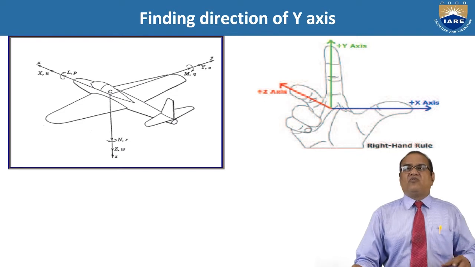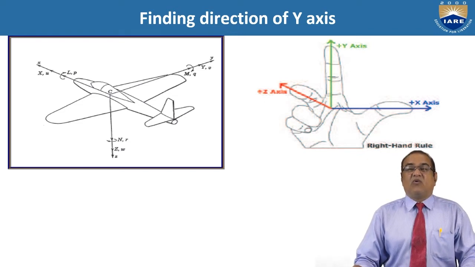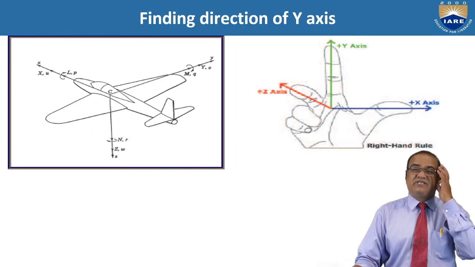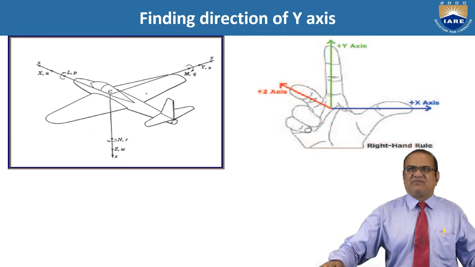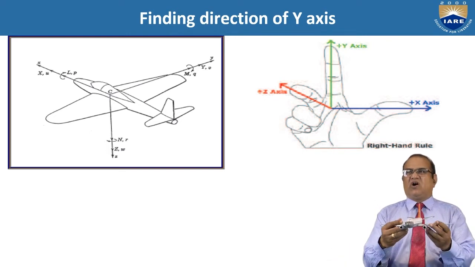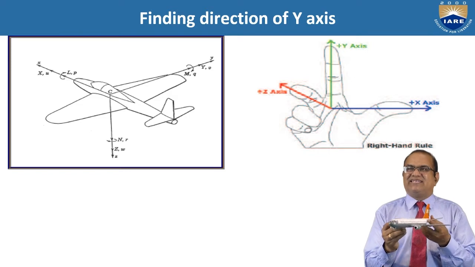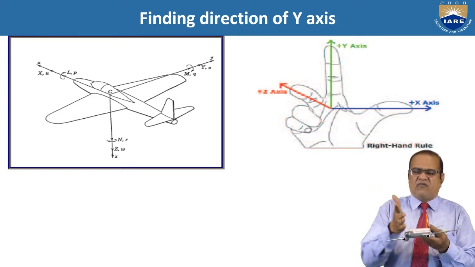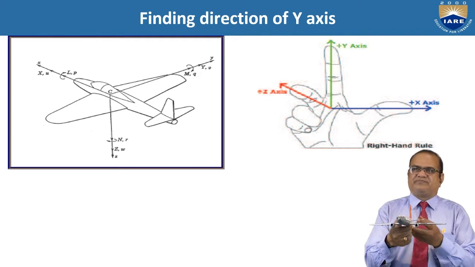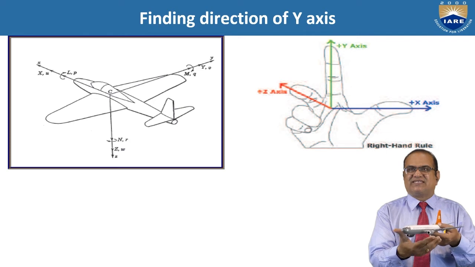So how to find out the y-axis? The y-axis is very important, and you can see this in this diagram. I want to show what the x-axis, y-axis and z-axis are. If you use the right hand rule, your thumb is towards the x.